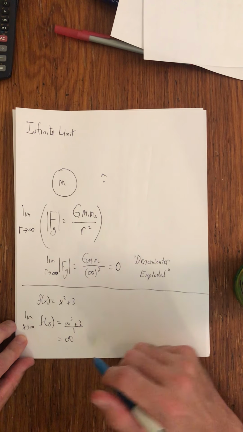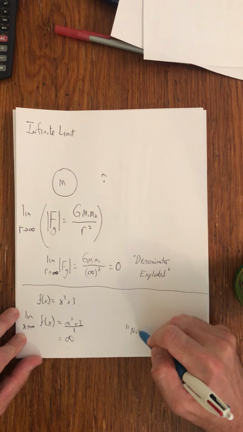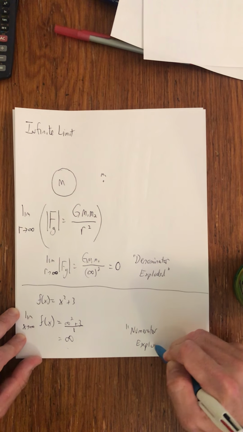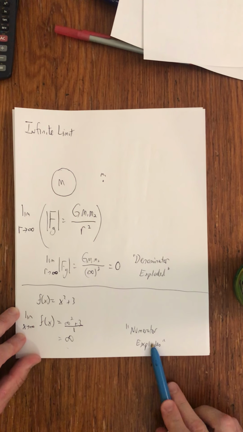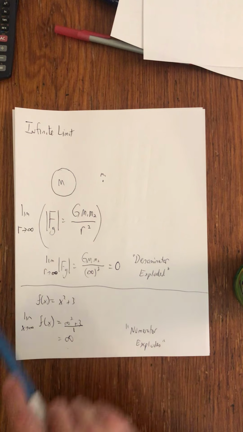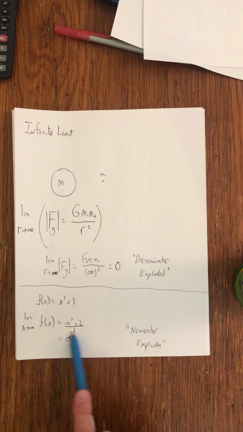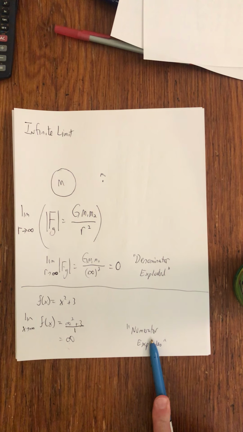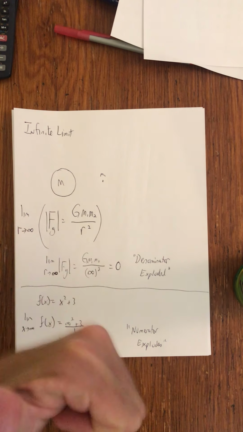And if something here explodes to infinity, we would say the numerator explodes. Now, when I write these things, that's actually the work you're going to show, folks. If you were to skip this step and just go right here to infinity and just cite that the numerator explodes, that's bueno, right? That's what I'm going to see.